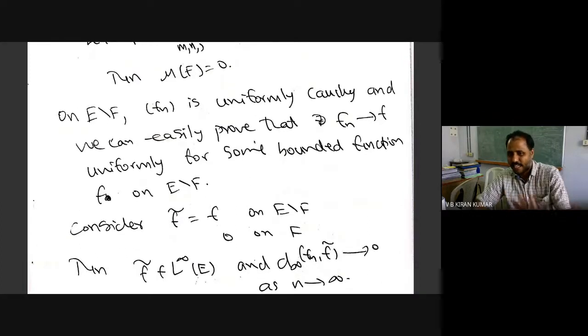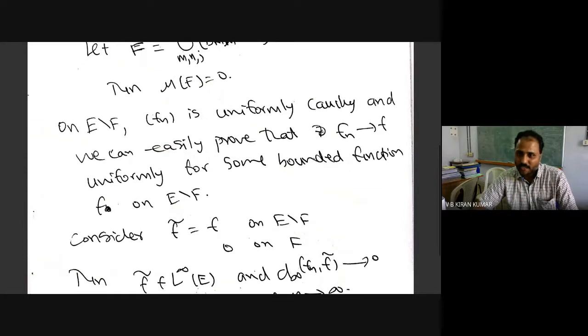This proof is exactly similar to what we did for the sup metric on C[0,1], nothing else. Shall I leave that proof to you? I did not write it here, but you can prove that on E minus F, Fn is uniformly Cauchy, and therefore Fn converges to f uniformly for some bounded function on E minus F.